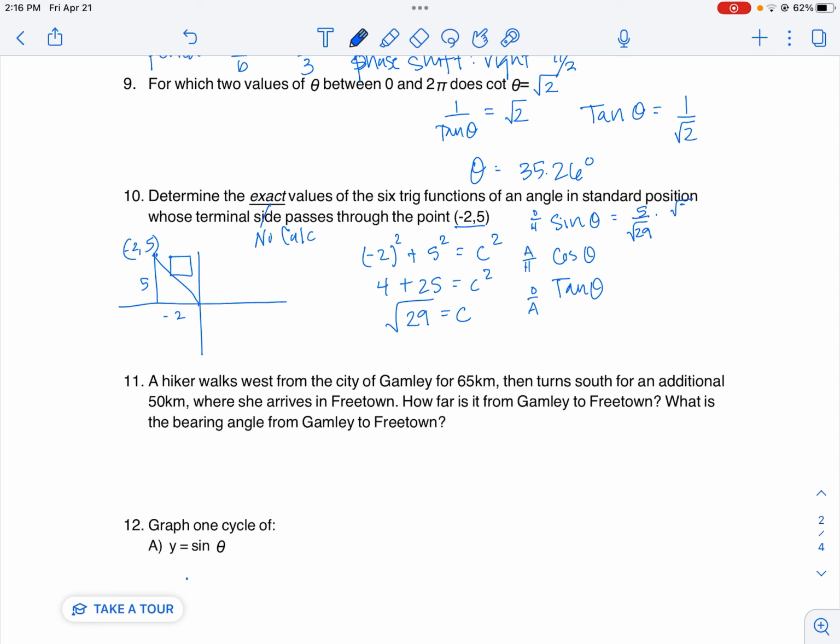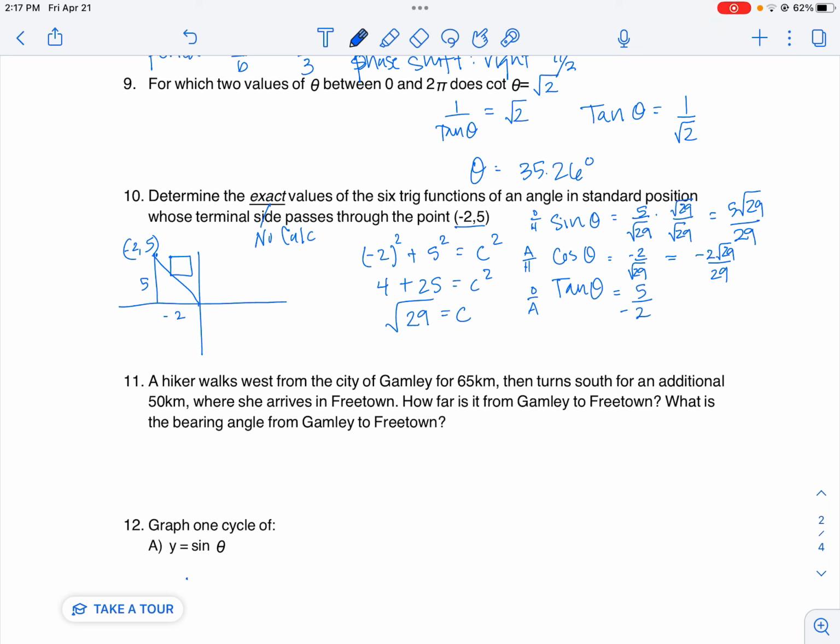And if I rationalize this, then I get 5 square roots of 29 over 29. The cosine of theta is going to be the adjacent, which is -2 over the square root of 29. By rationalizing this, I end up with -2 square roots of 29 over 29. And tangent involves a little bit less work. It's going to be the opposite, which is 5, over the adjacent, which is -2.